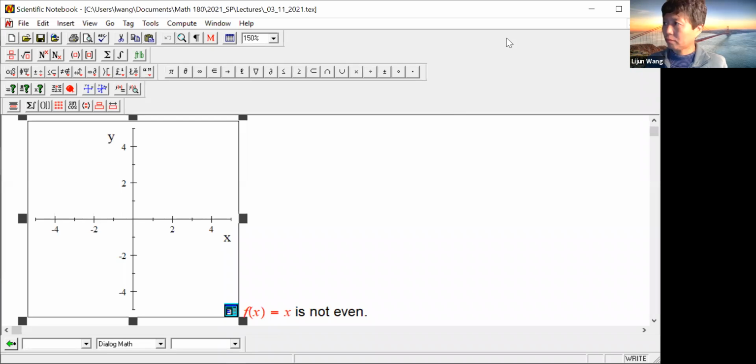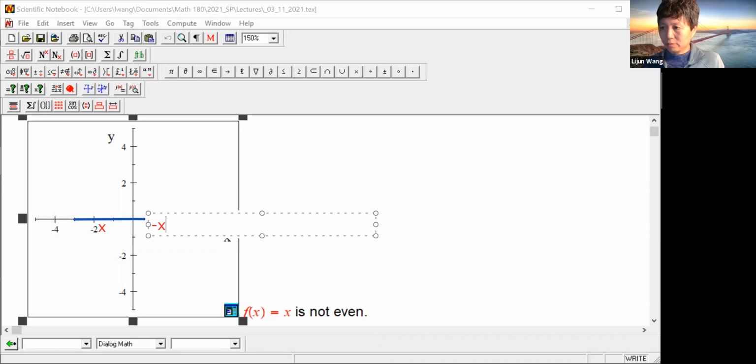Did you get it? I'm sure you did, right? Input. Suppose this is x. For my convenience, I use the tick mark, and I can call this x. Don't get me wrong. And this will be negative x. Negative x does not mean it has to be positive or negative.